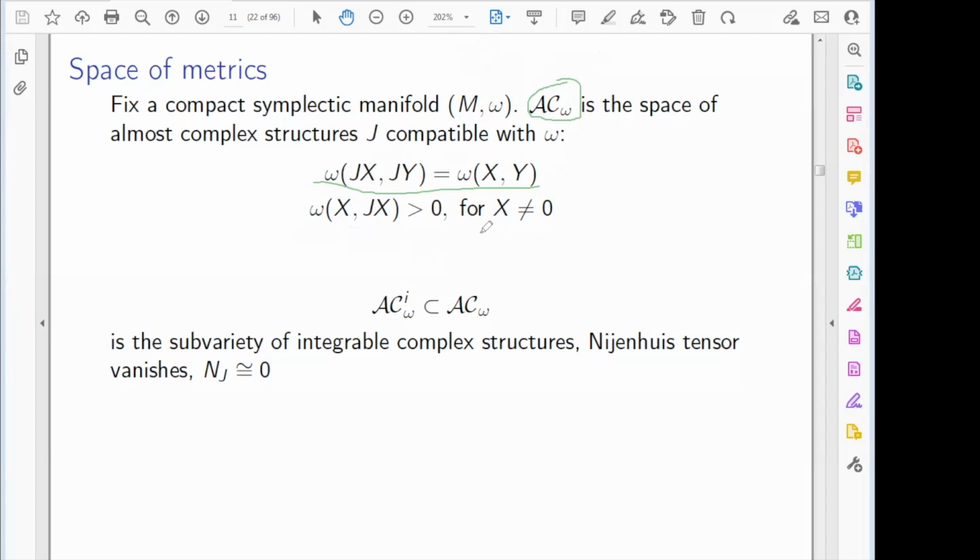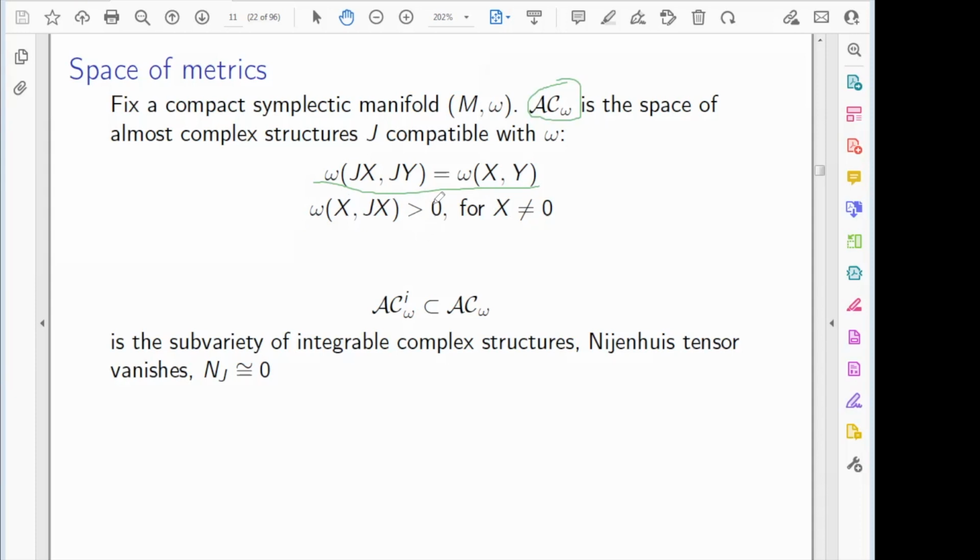I mentioned last week that these always exist, using bundle techniques, since the unitary group is the maximal compact subgroup of the symplectic group.